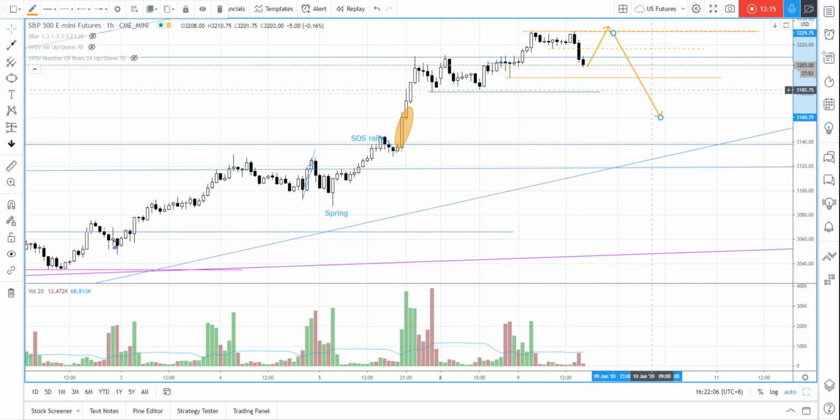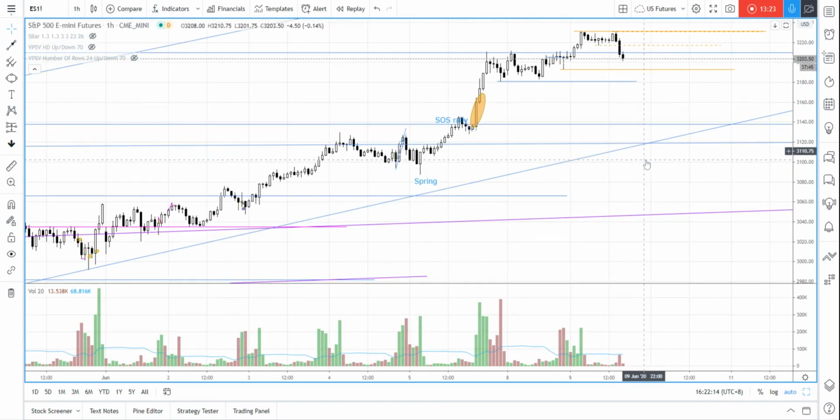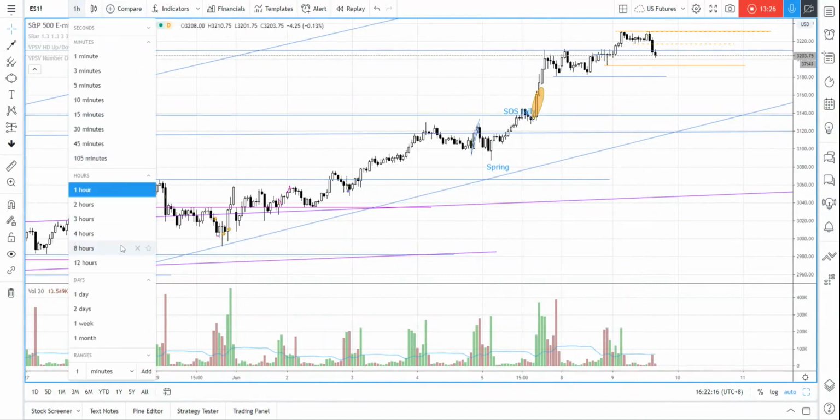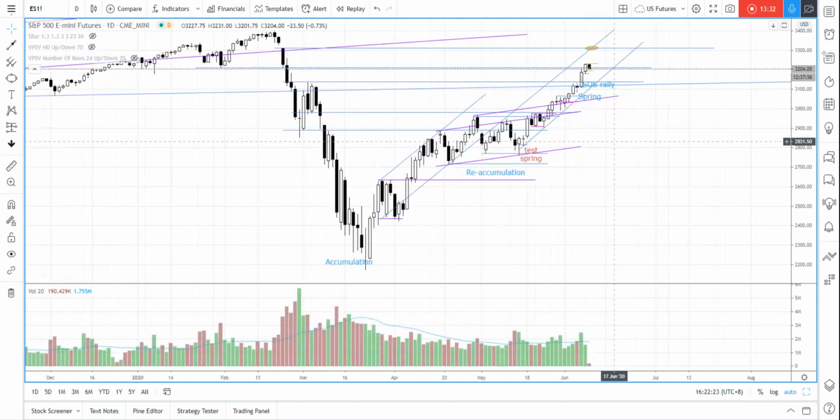So I think that's pretty much for this video. So far, we still haven't really seen any threatening price action. If we look at the daily chart, overall it's still looking quite bullish.